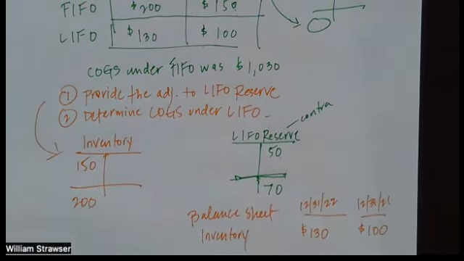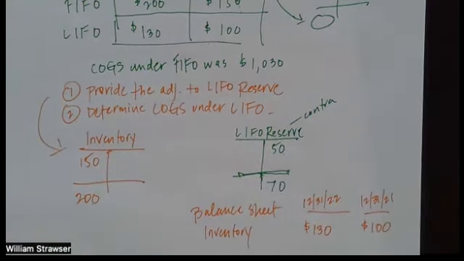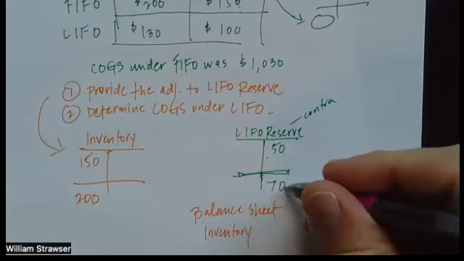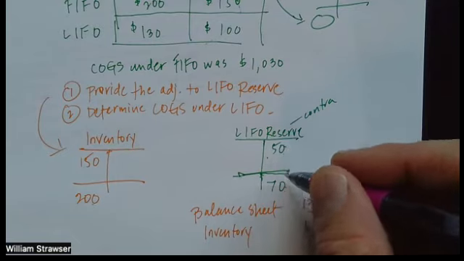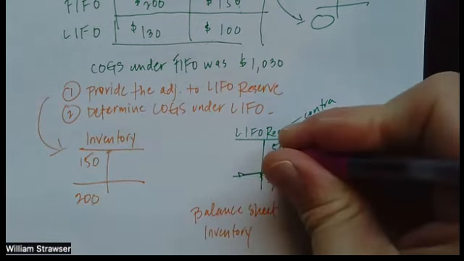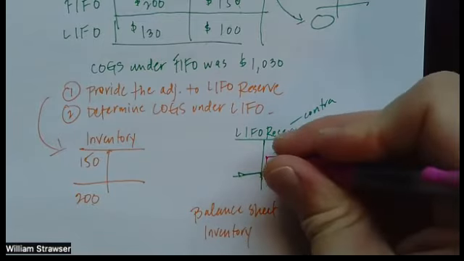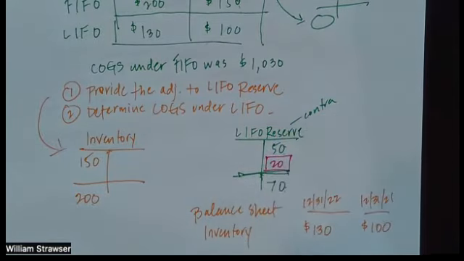That becomes my beginning and ending balances to the LIFO reserve. Then to make the adjustment, I'm not worried about these beginning and ending balances. Those aren't the adjustment. Those are balances that resulted from adjustments. So this piece right here then becomes the missing amount I need, the $20.